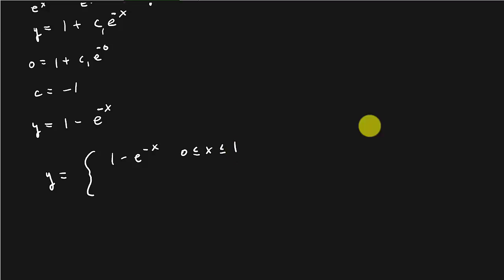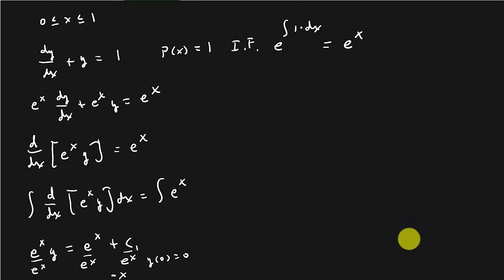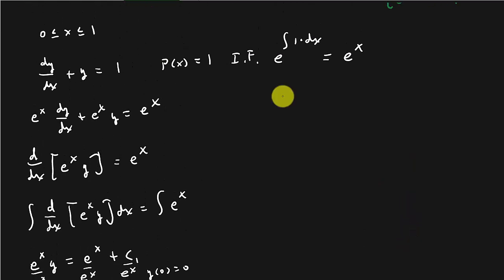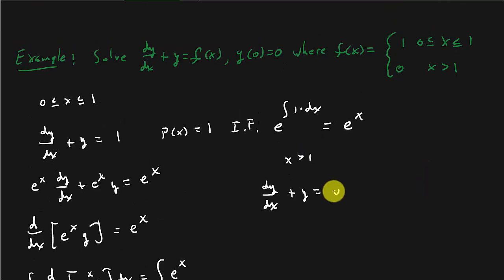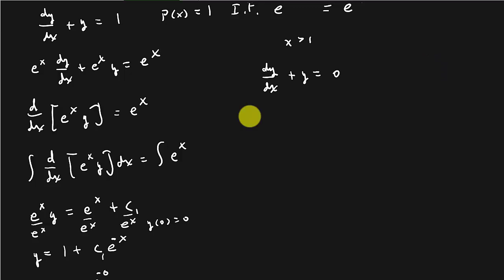All right, so now let's come up here for the case where x is greater than 1. So for x greater than 1, we've got dy/dx plus y is equal to 0. Of course we've got p of x is equal to 1.